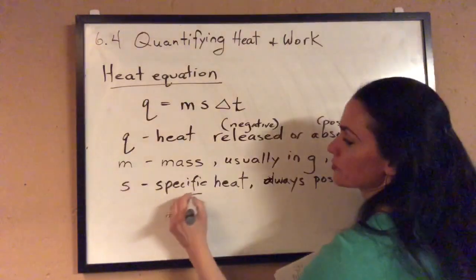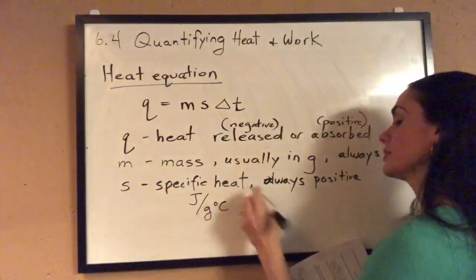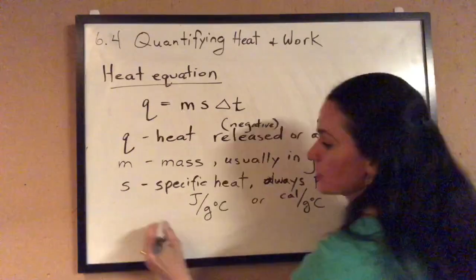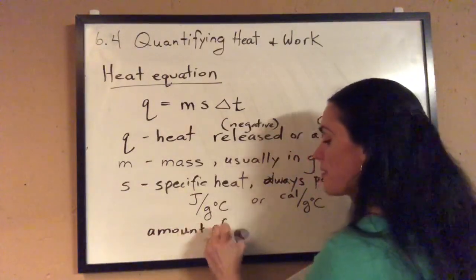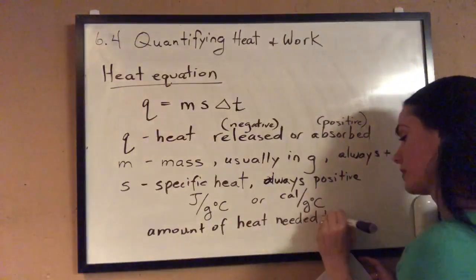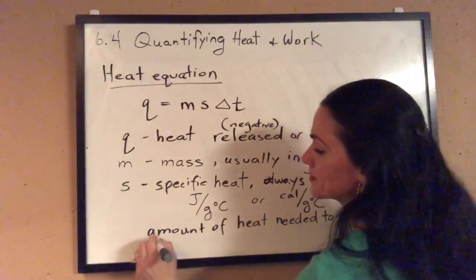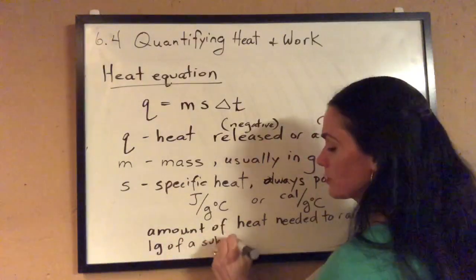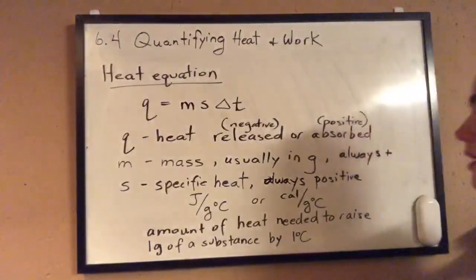Typical units for specific heat are usually joules over grams times degrees Celsius, or little calories over grams times degrees Celsius. Remember, specific heat is the amount of heat needed to raise 1 gram of a substance by 1 degree Celsius.